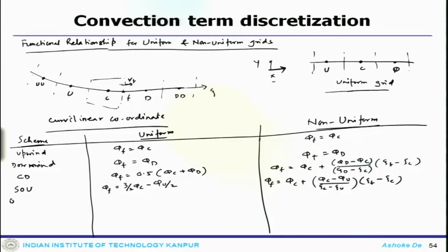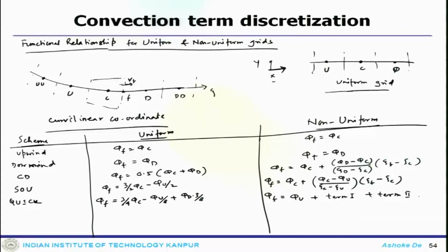Now for QUICK, you get phi f equals 3 by 4 phi c minus phi u divided by 8 plus phi d into 3 by 8, that is term 1 plus term 2.